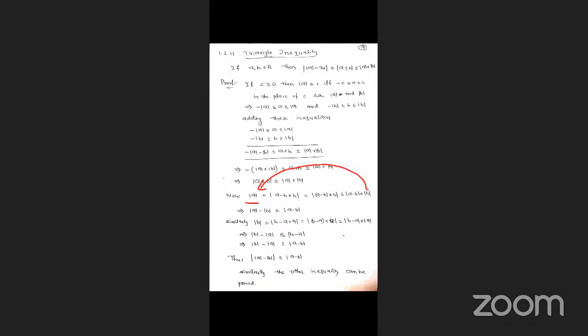Taking minus mod B to the left-hand side, we get the next result: minus mod A minus mod B is less than or equal to mod A minus B.